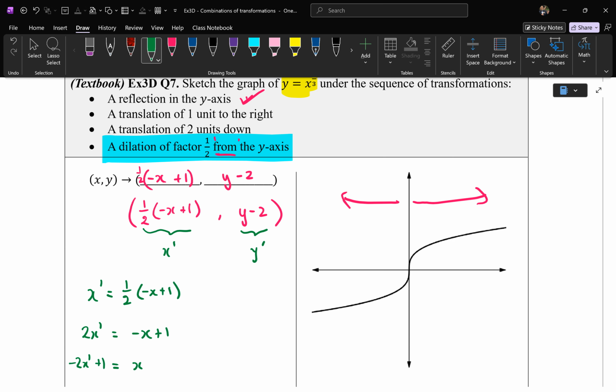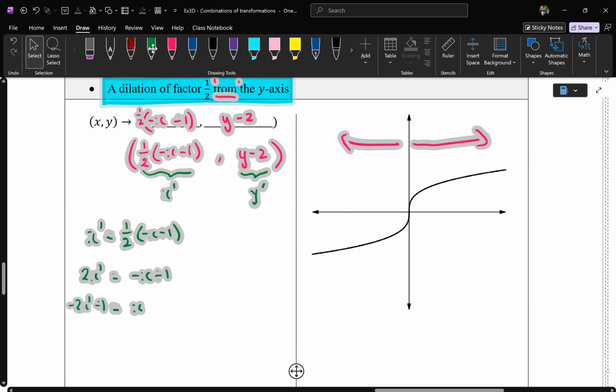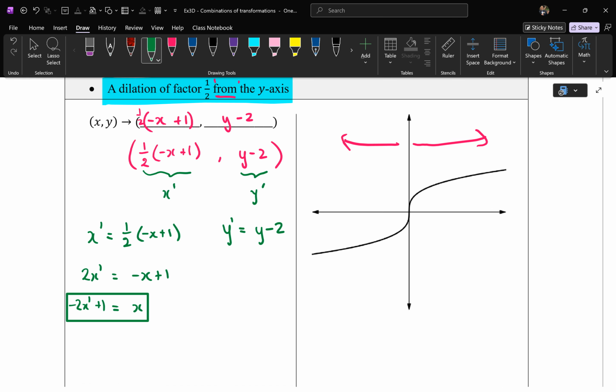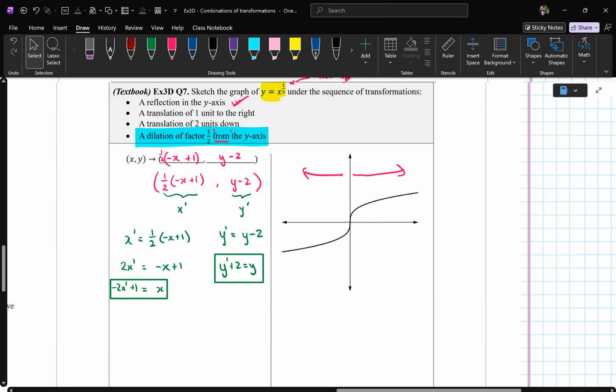Is that right? Sure. No, wait. Minus, yeah, plus 1. Good. So that is my new equation for x. And then same thing, y dash is equal to y minus 2. Therefore, y dash plus 2 equals the original y. So what's my new equation? There you go.